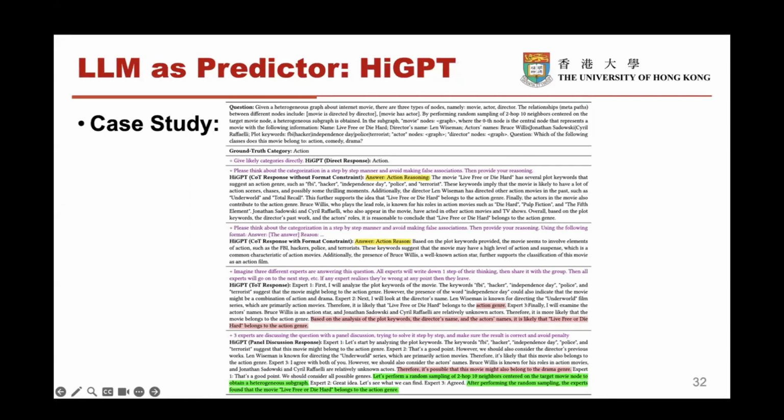But I think describing the node content, such as movie content or the author or paper content, is also a very promising downstream task, such as graph QA. To some extent, you could refer to this figure.